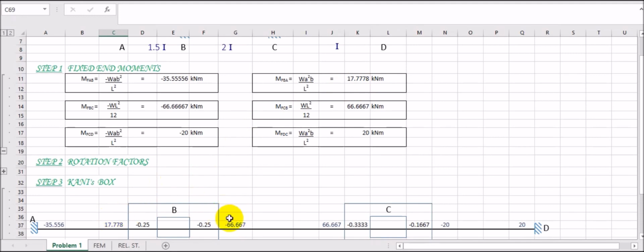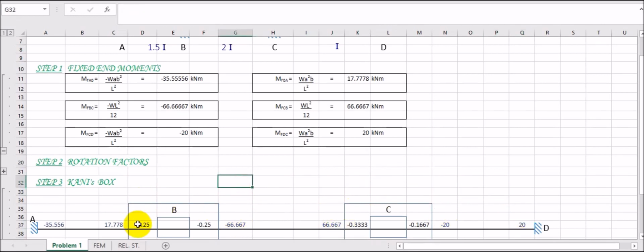Here I'll write MFBC, because we are looking from this side, minus 66.667. Here it is MFCB again, 66.667. Here it is MFCD, minus 20, and from this side MFDC, plus 20. So I hope you're clear with these values, the values that are written outside the boxes.